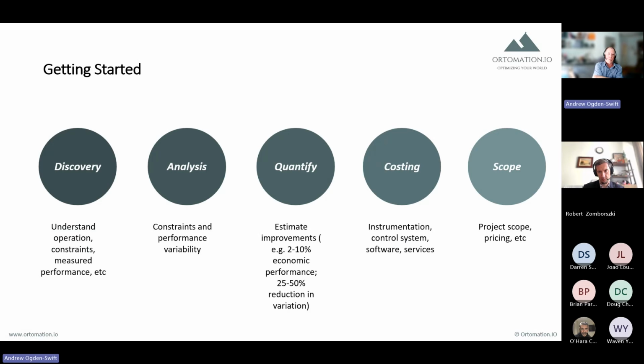So how do you get started? In any case, when you're trying to understand these types of technology, the first thing is to understand the operation constraints and the performance being measured, and then set about analyzing the performance. And again, you saw a tool that Robert mentioned, the Seek platform, that's extremely effective at doing these types of analyses.